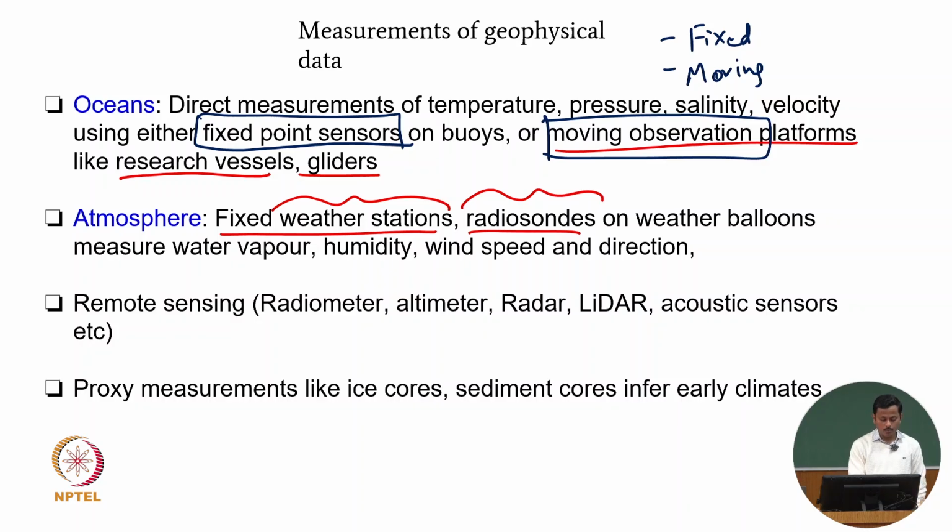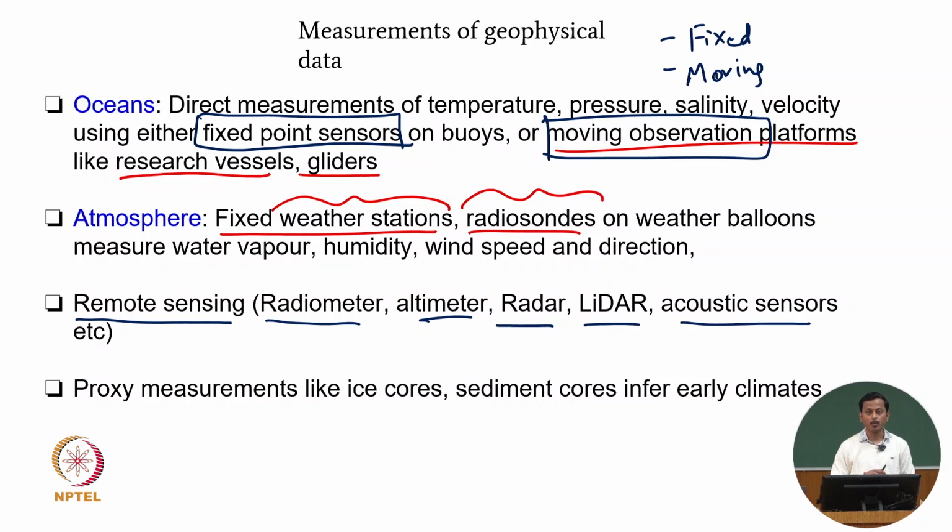We can also do remote sensing, that is, we can remotely sense something. For example, radiometer, altimeter that measures height, radiometer that emits and measures radio waves, radar, lidar, acoustic sensors. These measure properties of geophysical flows or gather geophysical data from a distance.